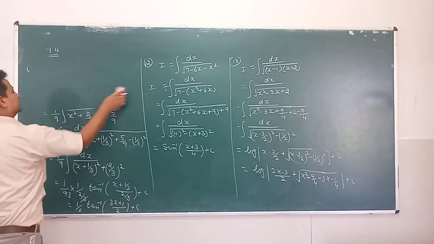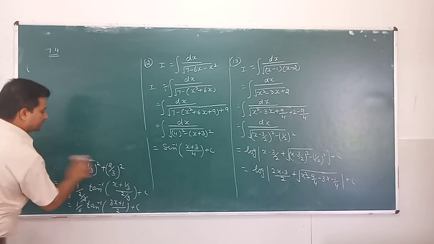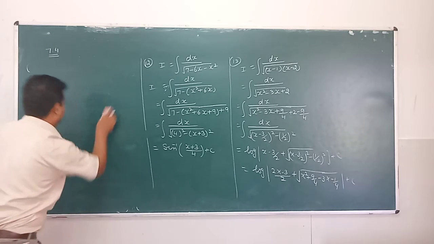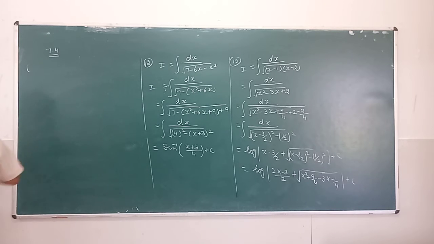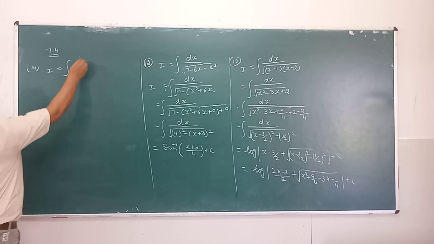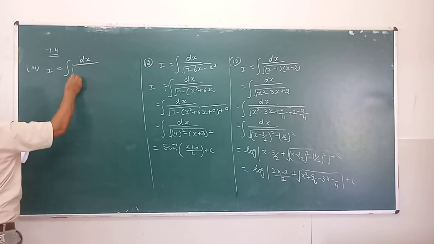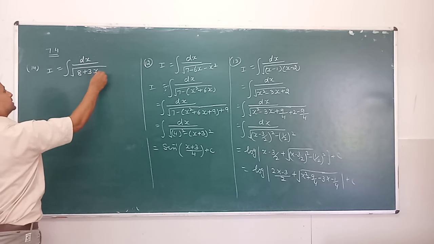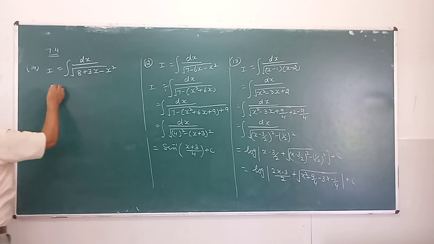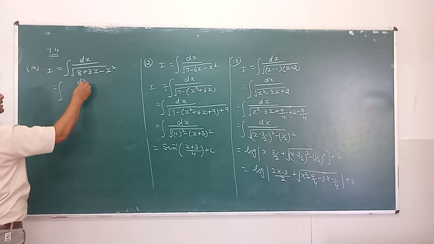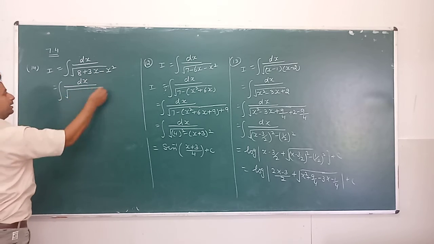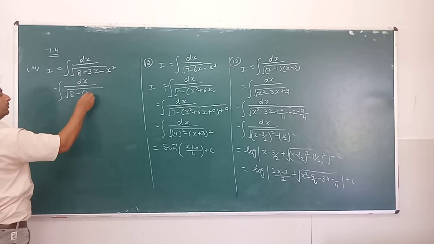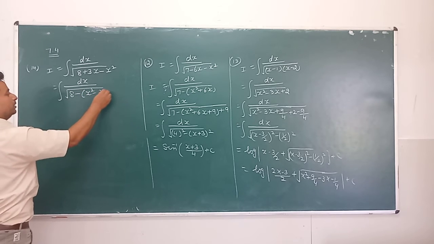In the next question, question number 14, the statement is I equals integral of dx by square root of 8 plus 3x minus x square. In this question, first we make the coefficient of x square positive.